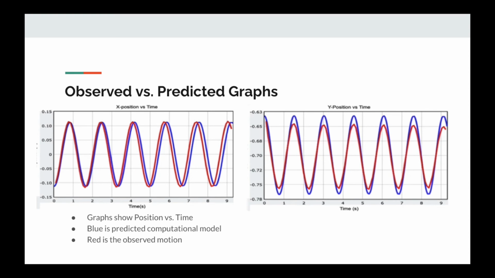The x position does shift a little as time goes on, which is likely due to the fact that we used the y position period for the initial value. We can calculate the x position period later on, which probably would have solved this problem. And then for the y position, we can see that they're just all slightly off in the height, which is most likely due to a lower quality of the video, and or just general problems with calibration and data gathering.